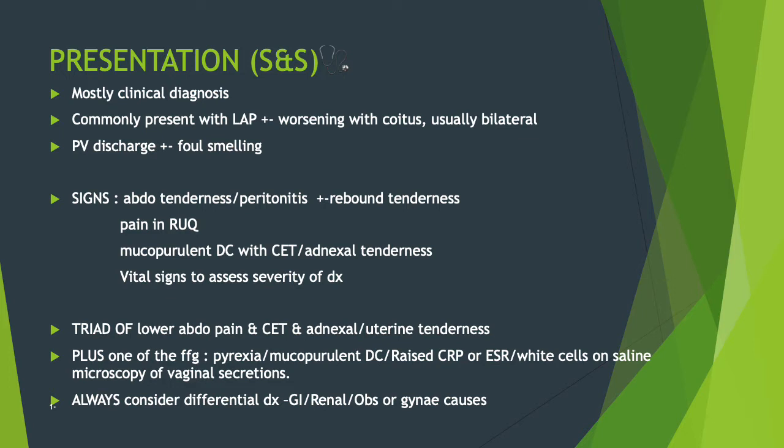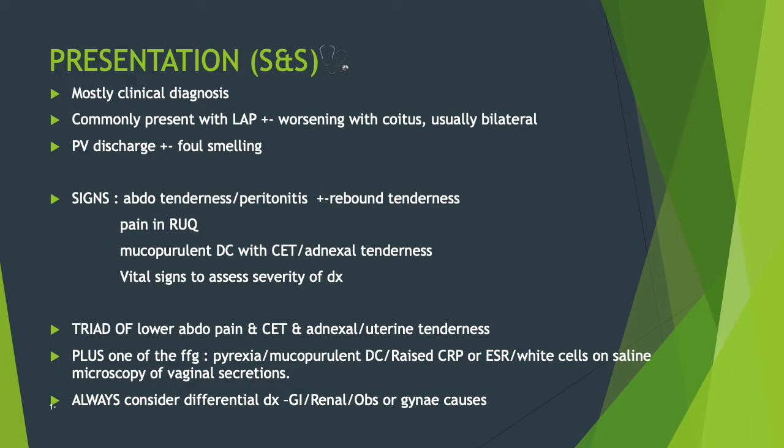A triad of lower abdominal pain plus cervical excitation tenderness and adnexal or uterine tenderness is normally high enough for us to suspect pelvic inflammatory disease. Most of the patients will also have one of the following: pyrexia, mucopurulent discharge, raised inflammatory markers, or evidence of white cells on saline microscopy of vaginal secretions.